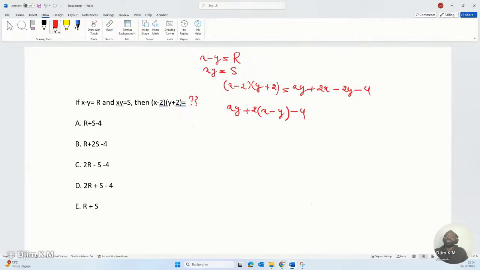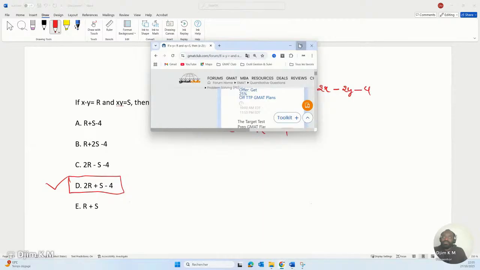So we know xy is equal to s, x minus y is equal to r, so 2r plus s minus 4, yeah, so this one. Answer D. Check.